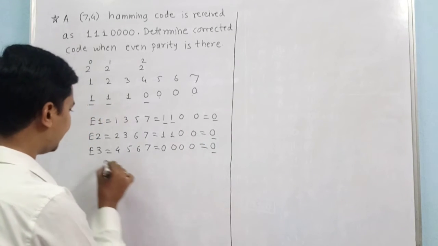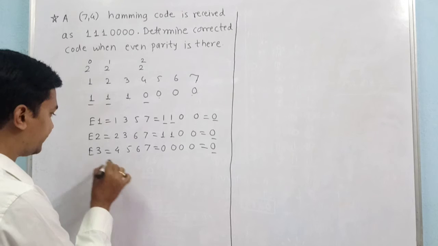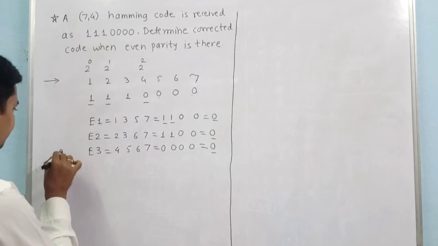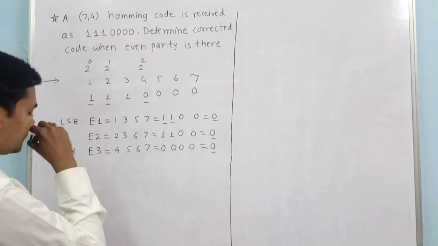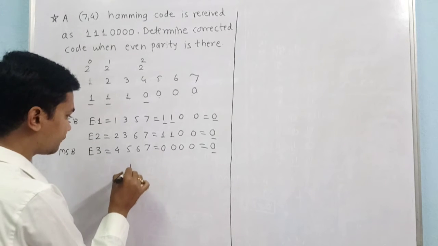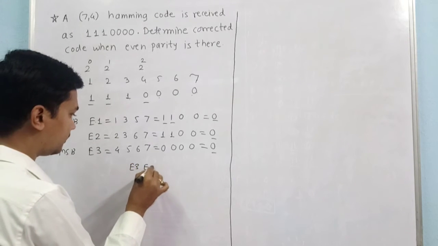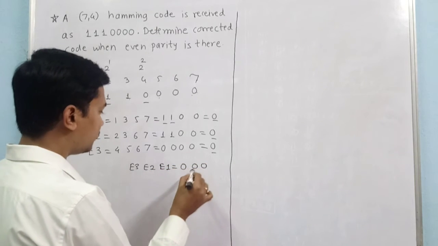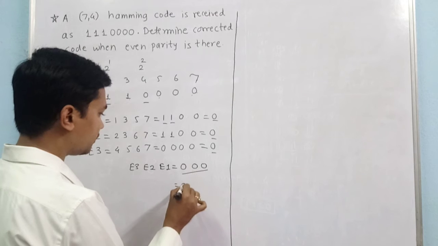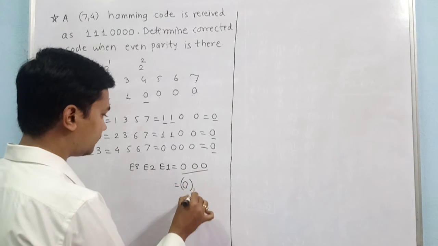Consider E3 as MSB and E1 as LSB. So E3 E2 E1 is equal to 0 0 0. 0 0 0 in decimal is 0.